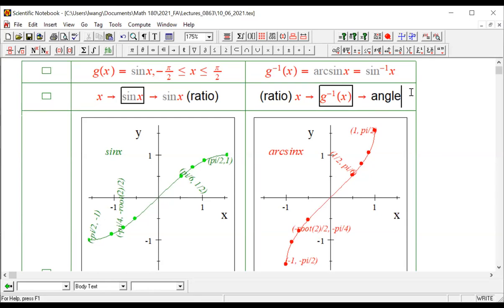And yesterday you also saw that the swap also affected the points on one graph. Pi over 6, 1/2 is swapped to 1/2, pi over 6. Do you guys see that? This point pi over 2, 1 now swaps to 1, pi over 2.